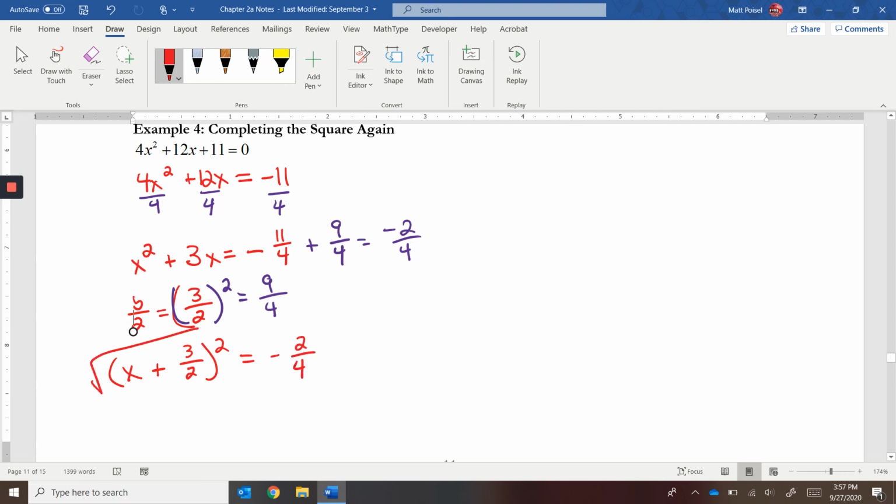Now I am going to take the square root of both sides. And on the right, I'm going to move over. I need a little bit more space. Over here, on the left, we get x plus 3 halves. On the right, all right, we got to really think about this. The bottom's really easy because the square root of 4 is just 2.